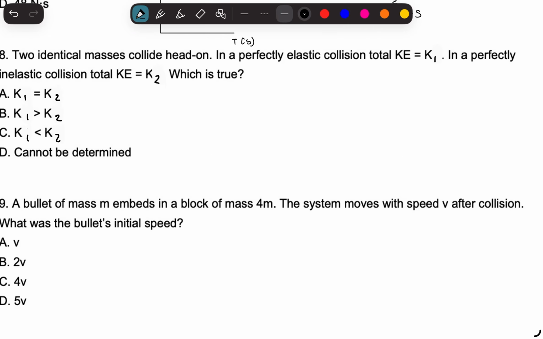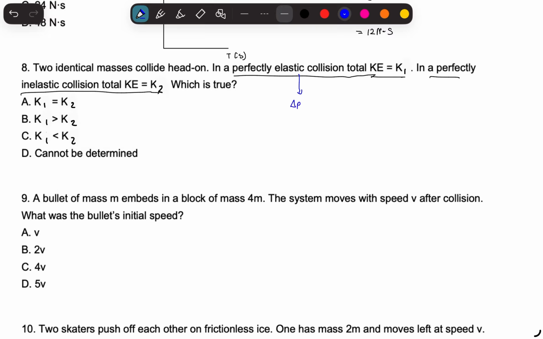Now, two identical masses collide head-on. In a perfectly elastic collision, the total kinetic energy is equal to K1. In a perfectly inelastic collision, the total kinetic energy is equal to K2. When you have elastic collisions, and also any type of collisions, your momentum is conserved. Your kinetic energy is conserved in the elastic case. Your system is going to keep as much kinetic energy as possible.